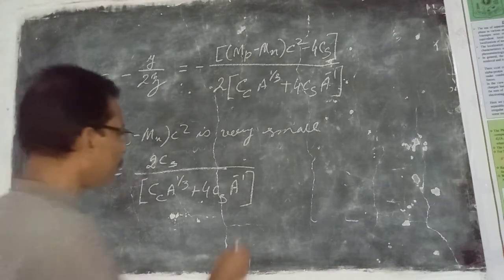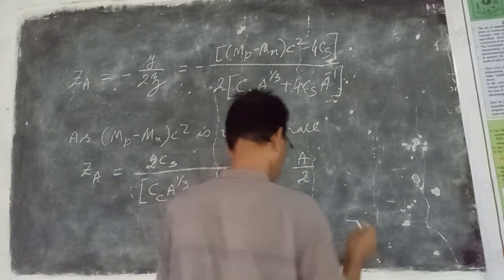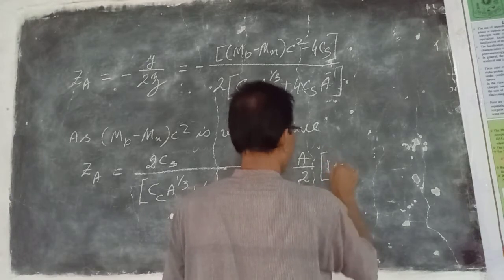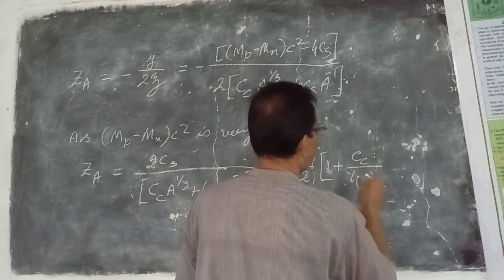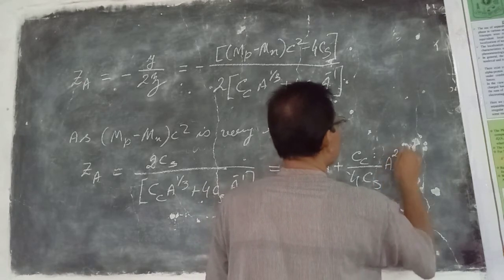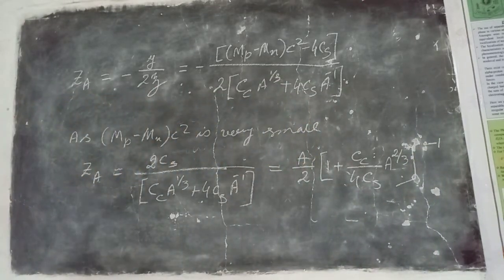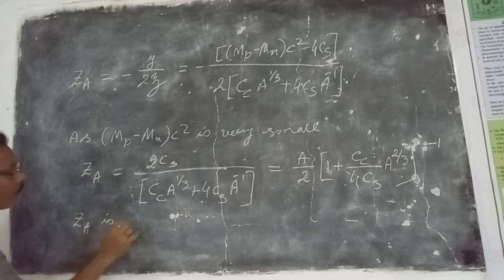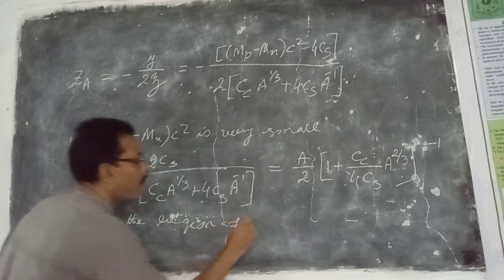Or it may be simplified to write A by 2 times 1 plus C_C by 4C_S A to the power 2/3, whole inverse. So Z_A is the region of mass stability.